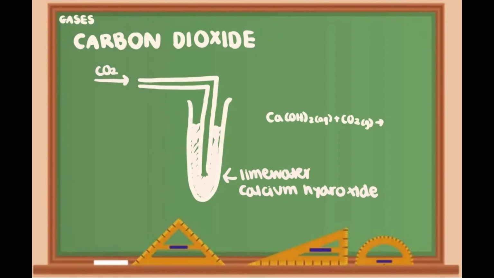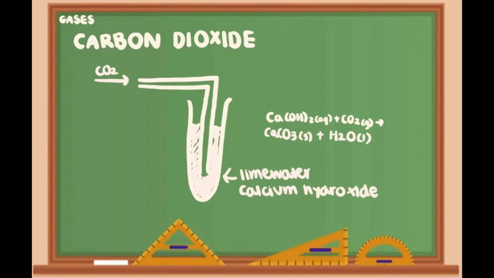And this white precipitate is calcium carbonate, CaCO3, and this is a solid because, as I said, it's a precipitate. What's also going to be formed is H2O, which is the liquid that it's in.